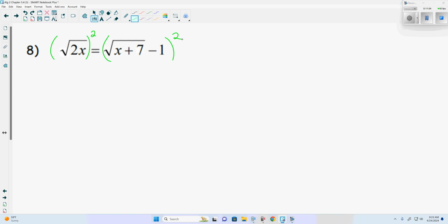Now, the left-hand side works out nicely because the square root of 2x squared is 2x, because our square root and square cancel.